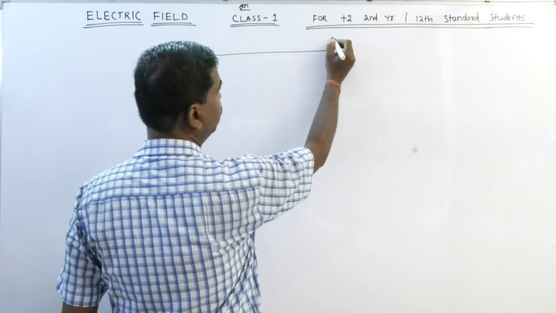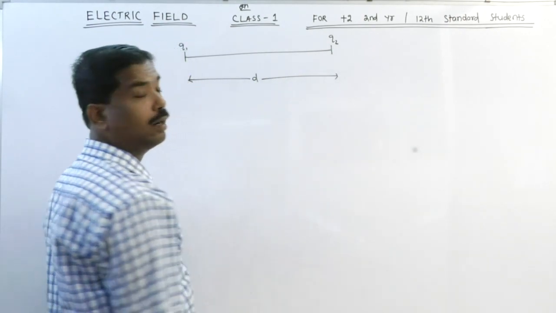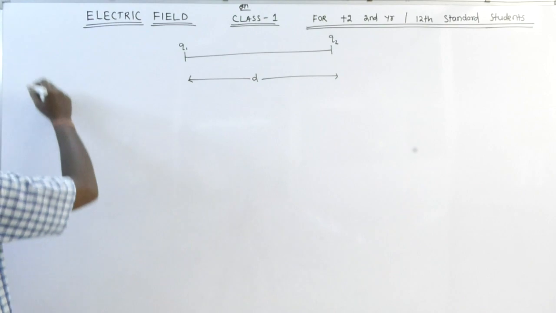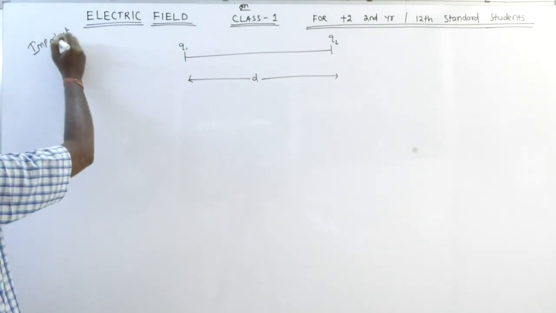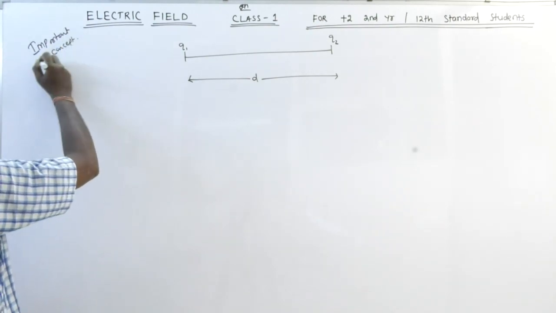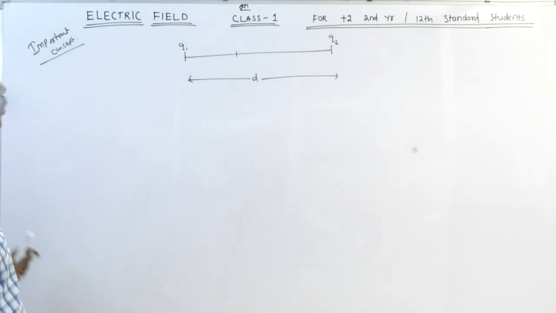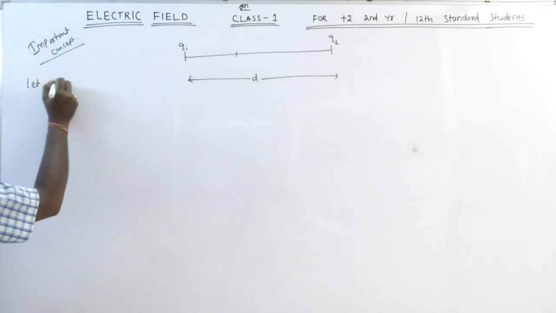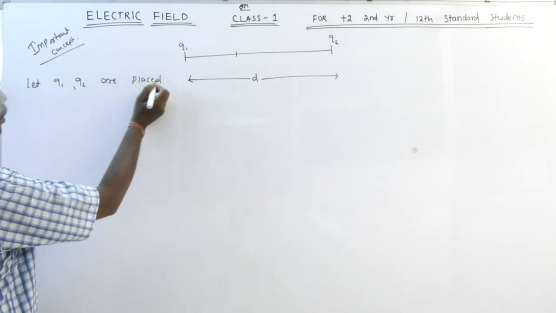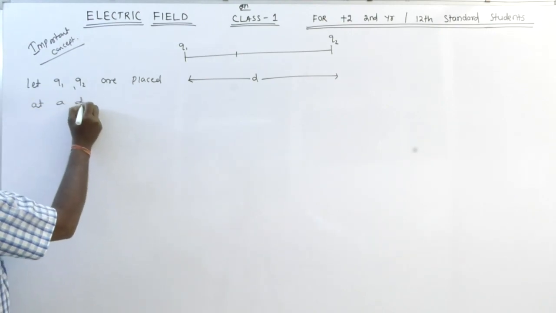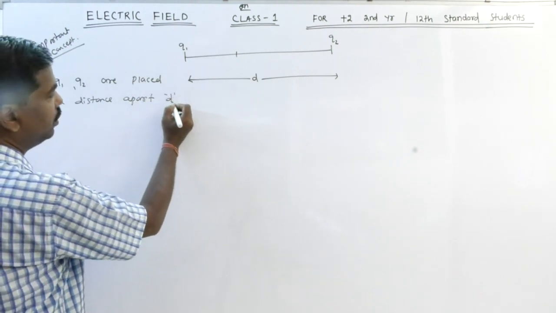Q1, Q2 are placed at a distance d. Find the point along the line joining. Let Q1 and Q2 are placed at a distance apart d.